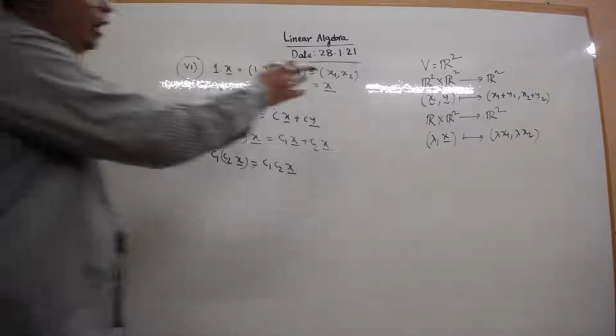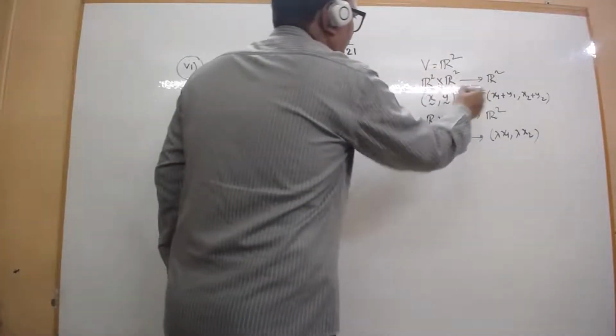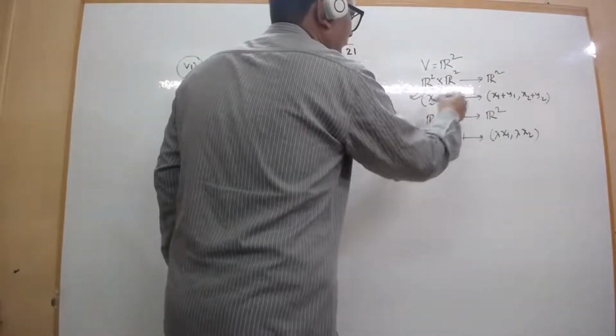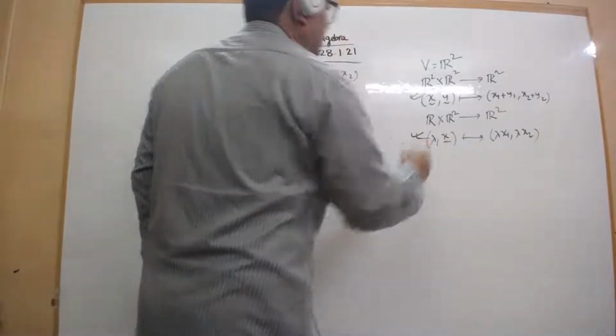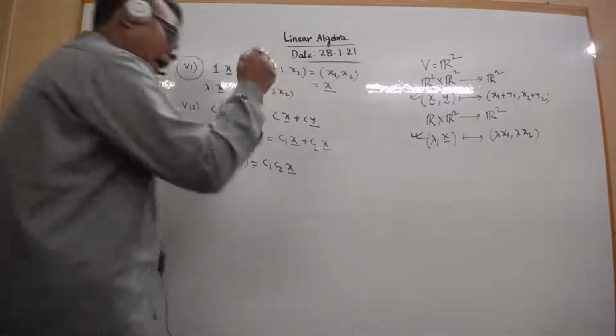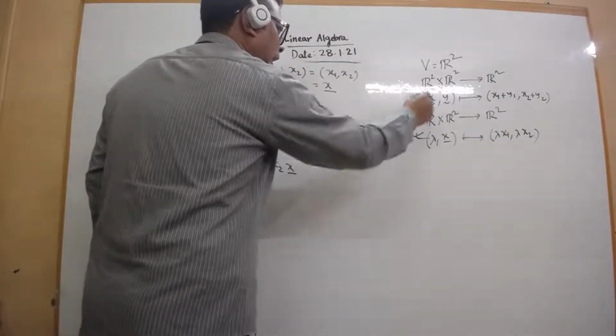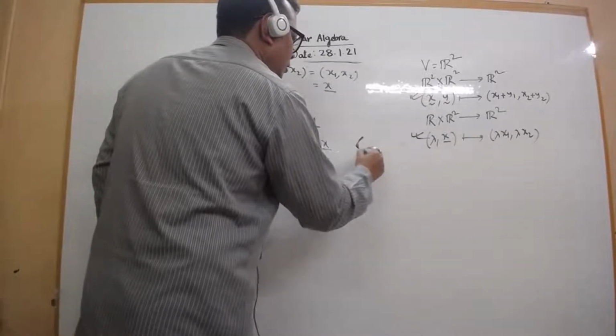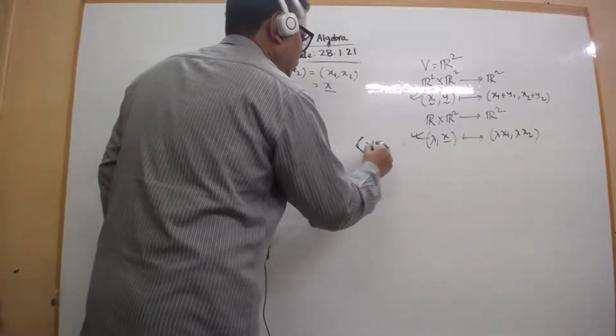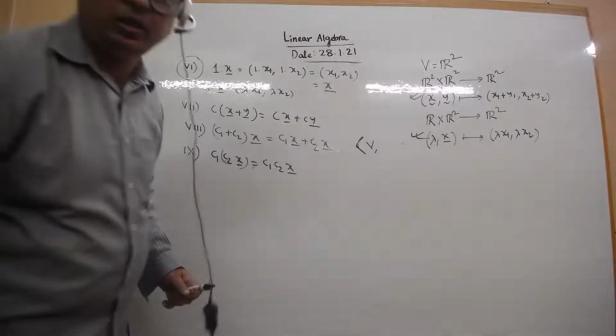So if you define vector addition as follows and scalar multiplication as follows, only in that situation is V here equal to R square a vector space.